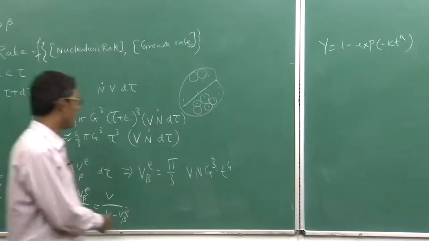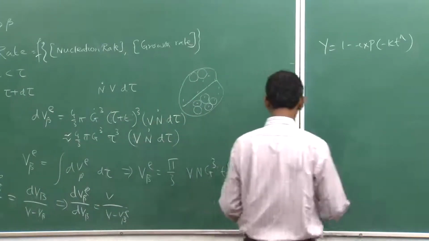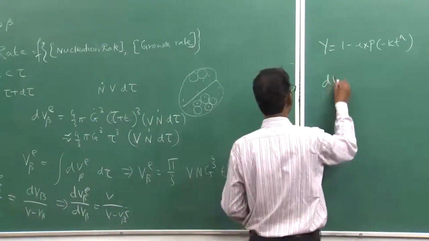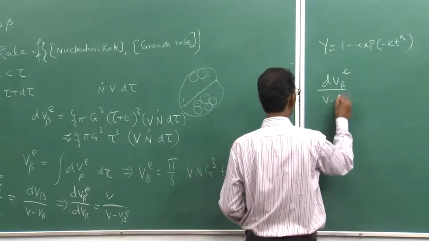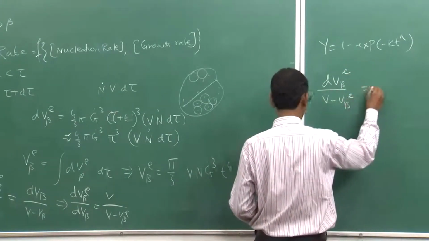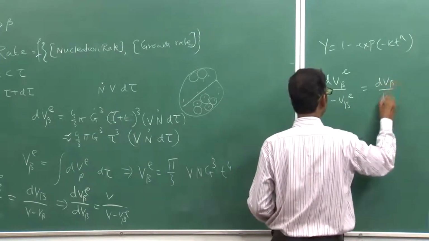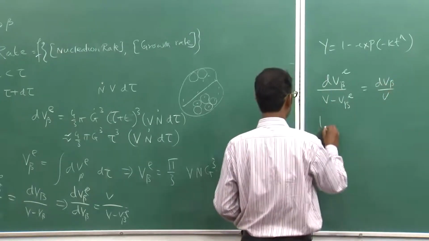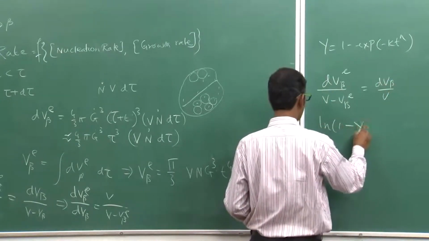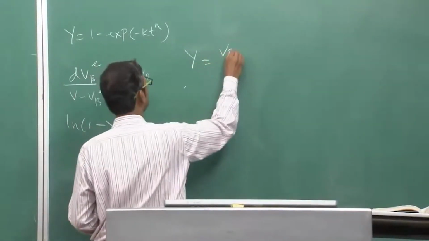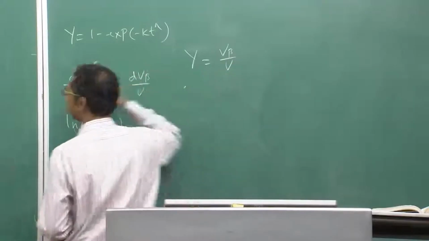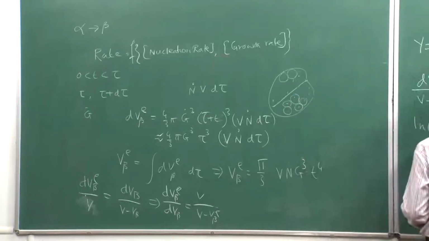Now if you do the math properly, I can write down from that, V minus VB is equal to dVB by V, and that tells you log of 1 minus y, where y is basically defined as VB by V. V is the original volume and VB is the transformed volume, that's the fraction.